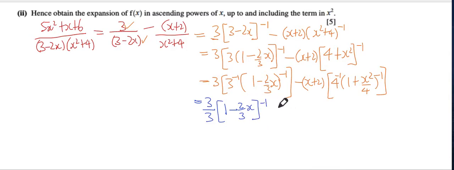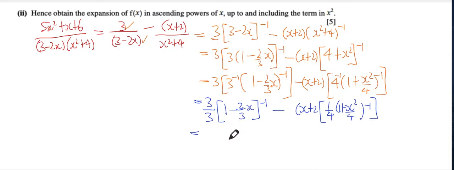Okay, and then you have negative (x plus 2), and again on this side you have 1 over 4 times (1 plus x squared over 4) to the power of negative 1. Okay, so this will give me 1. So that will be gone, 1, and then (1 minus 2x) to the power of negative 1.